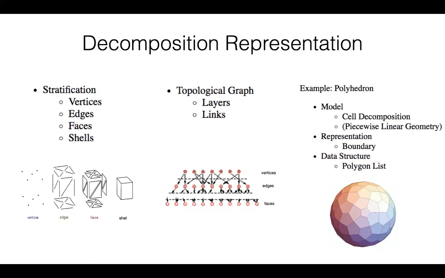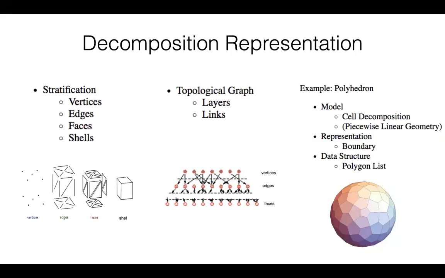So basically here, the object is a shell, right? This polygonal sphere, right? And then we break it into faces, and then the faces we break into edges, and then the edges we represent the geometry by the vertices of each end point of the edge.